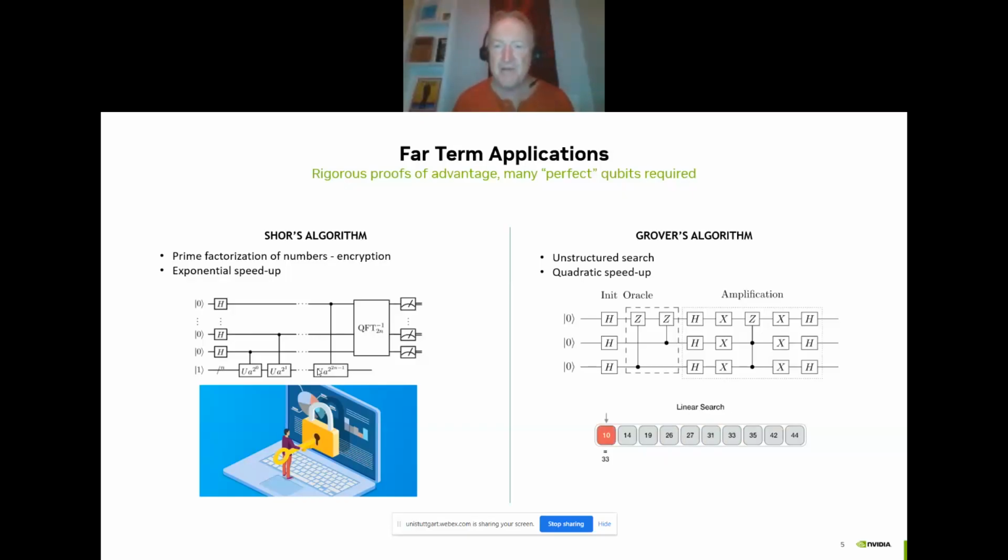Another example of a proven far-term quantum advantage is Grover's algorithm, which is a brute force quadratic speedup of what would be a linear search in classical computing. So as you can see in this illustration here, if you're looking to find a number in a series of numbers, a linear search is pretty much what you've got to work with.